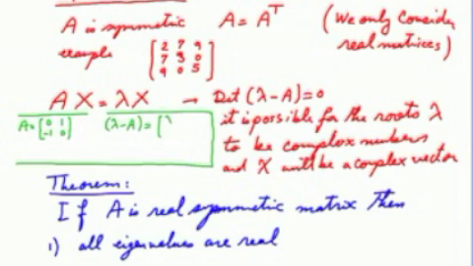Lambda minus 0, 0, so I have lambda here, minus A, so it's going to be minus 1 and 1. So what's the determinant of that thing? Lambda squared plus 1.